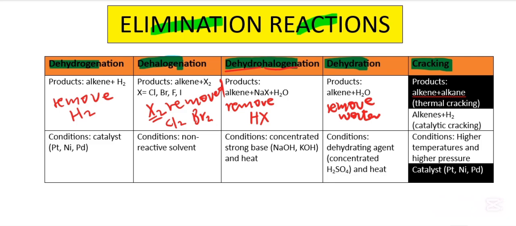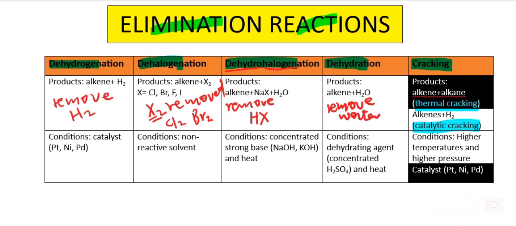From exam guidelines, the breaking down of longer chain hydrocarbons into more useful molecules. So we have two types of cracking. The first type of cracking is thermal cracking. We also have another type which is catalytic cracking.